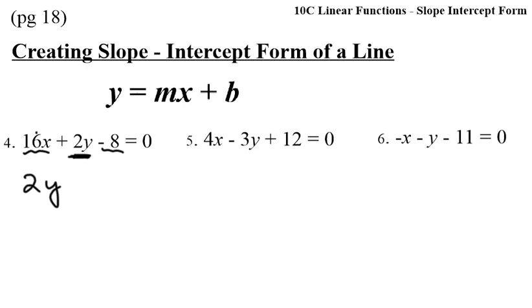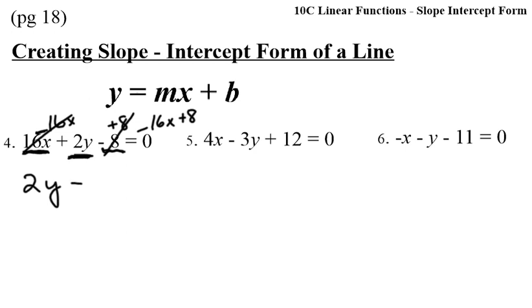Well, they're attached by addition, so to get rid of a 16x, I subtract 16x, because 16x minus 16x makes it disappear, but I have to do the same thing to that side. And I have a -8. How do I make a -8 disappear? I add 8, it disappears, but I add 8 over here.